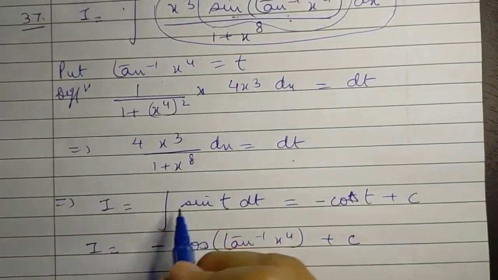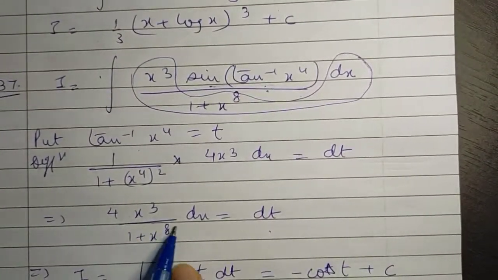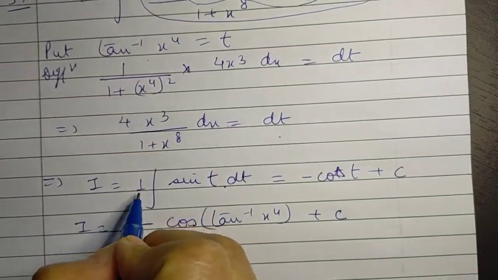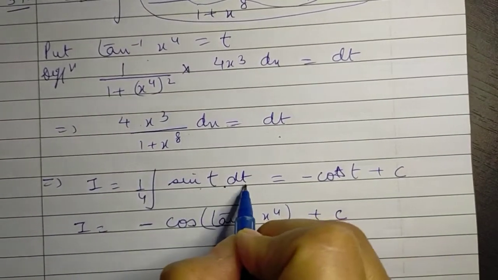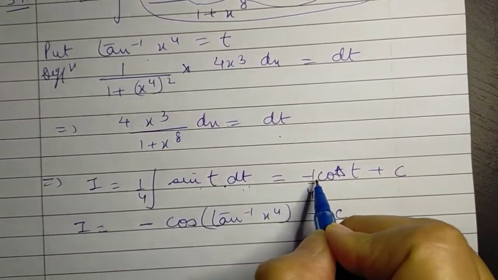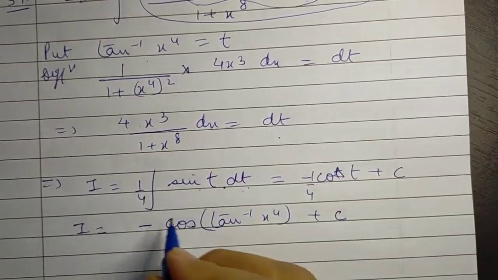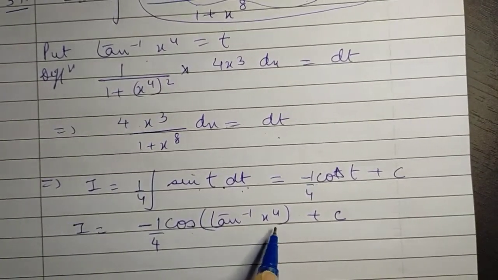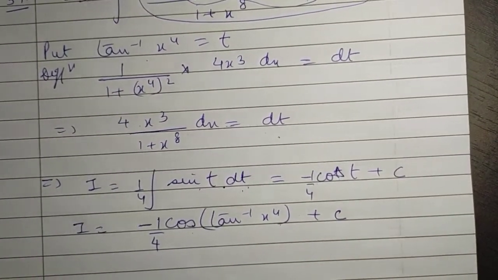Actually, 1 upon 4 is also there, because this is dt upon 4. So this becomes 1 upon 4 sine t dt, which is minus 1 upon 4 cos t, and this becomes minus 1 upon 4 cos of tan inverse x^4 plus c.